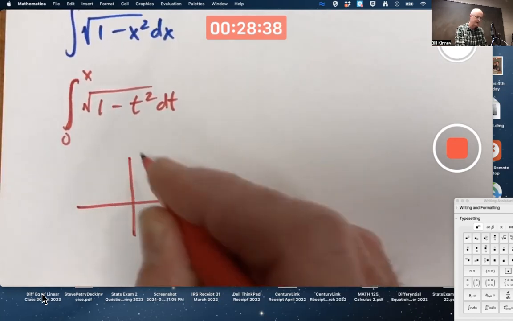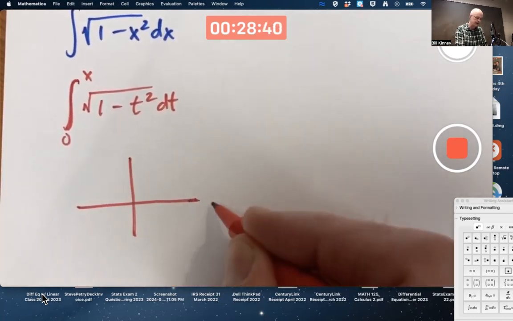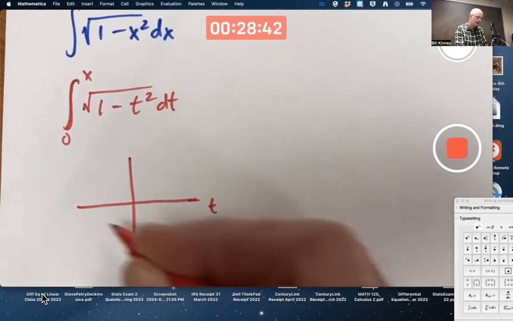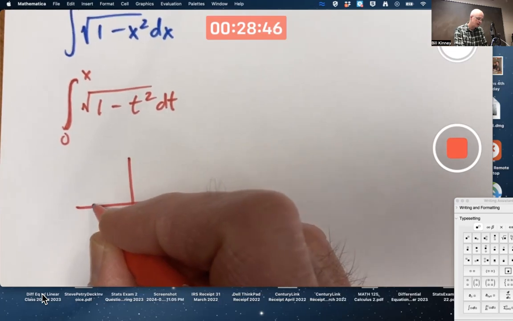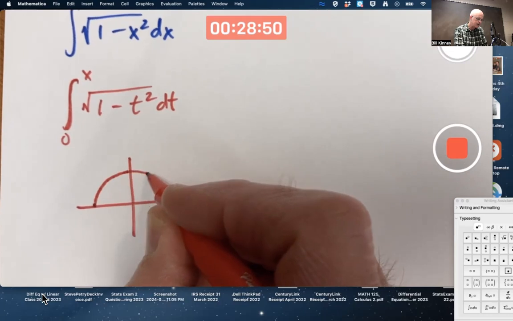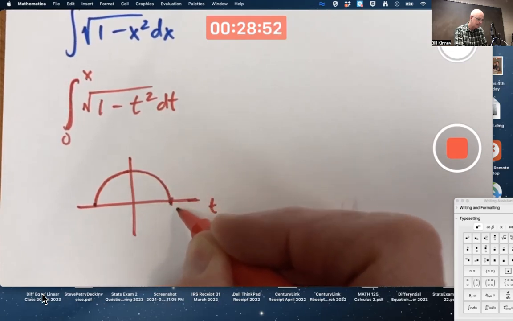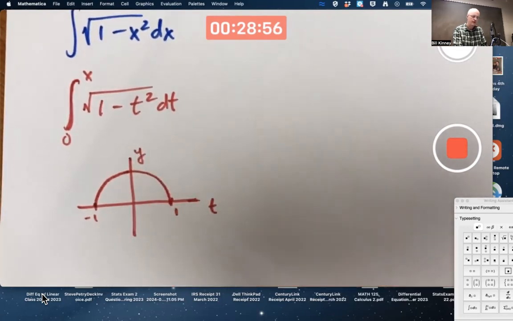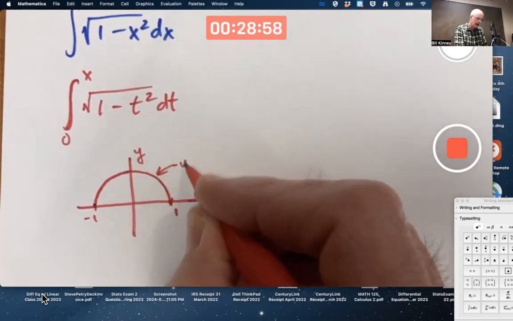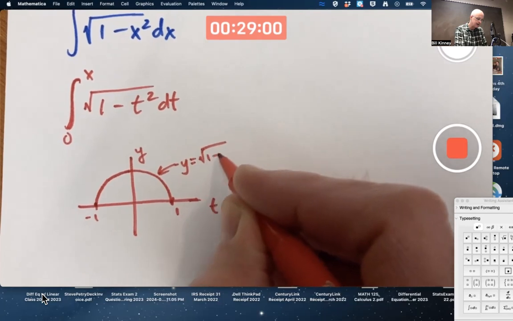It's going to be the graph of this function, square root of 1 minus t squared, as a function of t. What does the graph of that look like? Some of you may know just by looking at it, its graph is the upper half of the unit circle. Maybe you can see that, maybe you can't. This is y equals square root of 1 minus t squared.